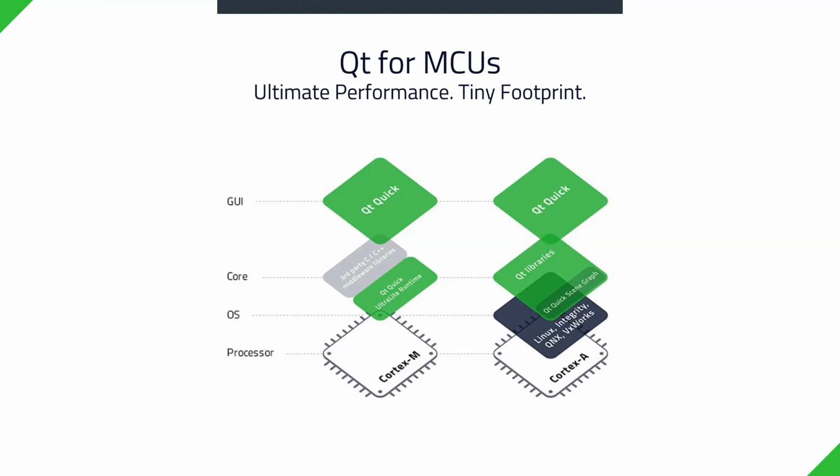It makes use of hardware acceleration like the Chrom-ART acceleration on STM boards. We developed this from scratch, and it also doesn't require an operating system. While the regular Qt libraries need one of the operating systems I showed in the previous slide, Qt Quick Ultralight can run on bare metal.